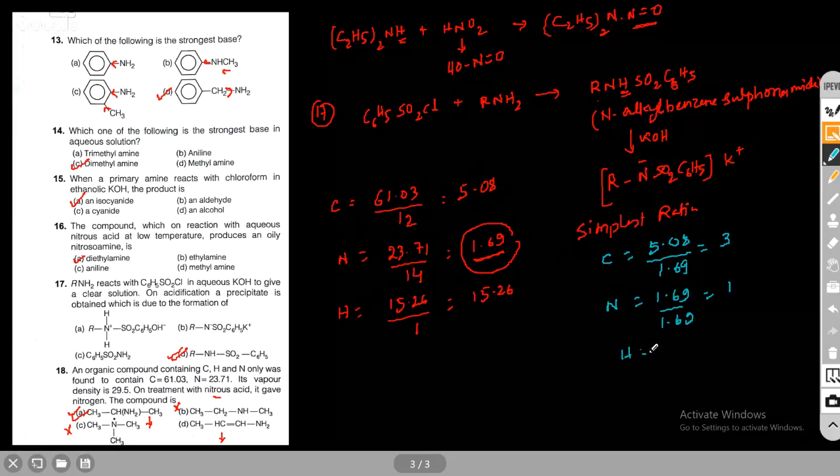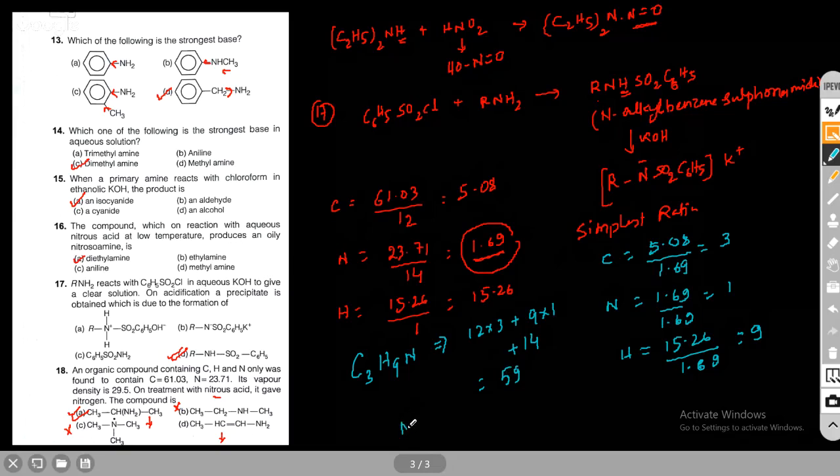For hydrogen, 15.26 divided by 1.69 is around 9. So the empirical formula is C3H9N. The empirical formula mass is 12 into 3 plus 9 into 1 plus 14, which is again 59.